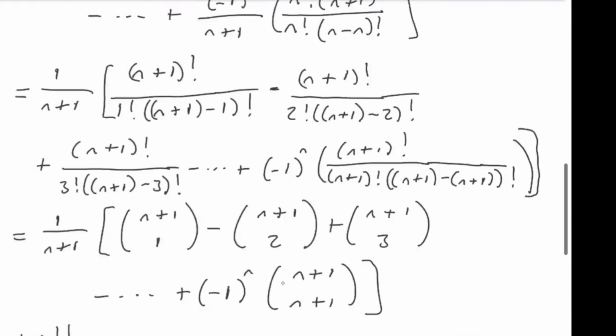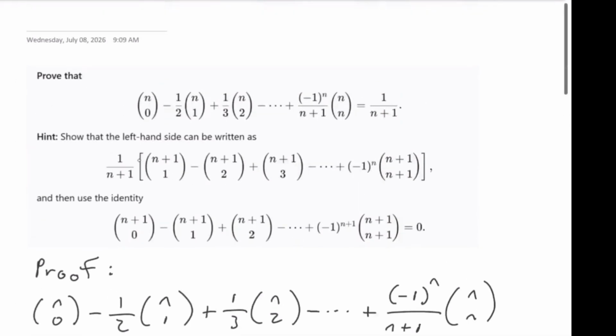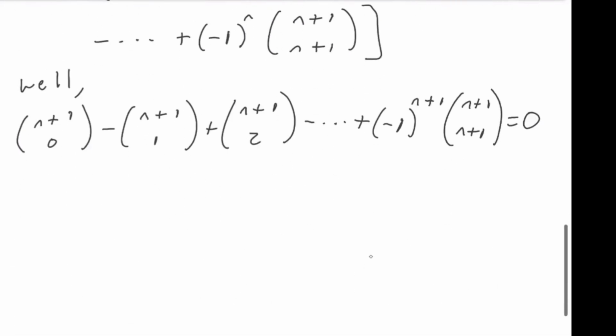That's from up here. Okay, so this implies that n+1 choose 0, if I were to move everything to the other side, is equal to, so this will turn into n+1 choose 1 if I add that to both sides.